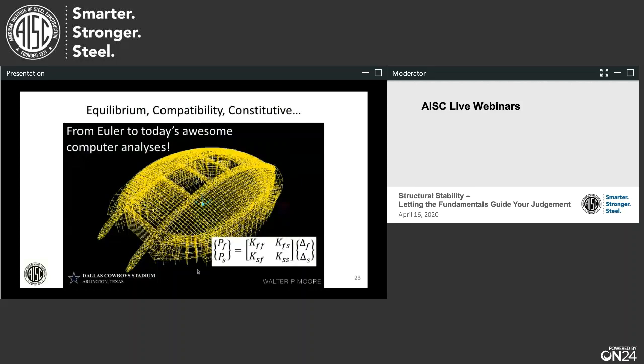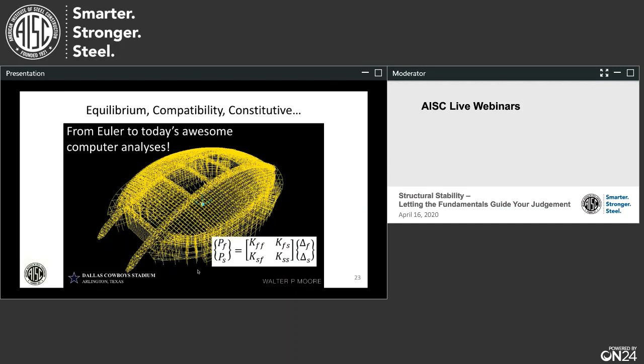Now, that's the 1750s. How about today? Today, it's awesome. We are running these amazing computer software packages. This came to me from my friends at Walter P. Moore. It's a SAP2000 model of the Dallas Cowboys football stadium. Literally thousands and thousands, and maybe even tens of thousands, maybe even 100,000 degrees of freedom here.